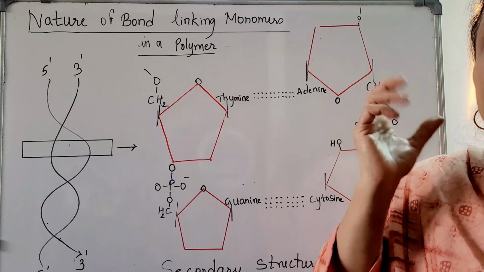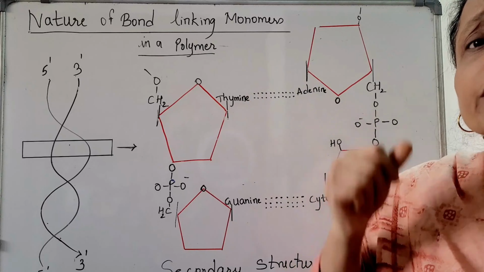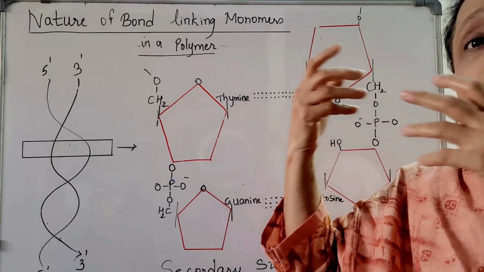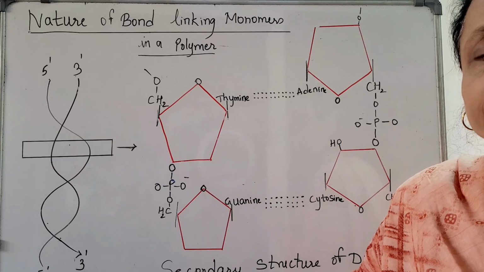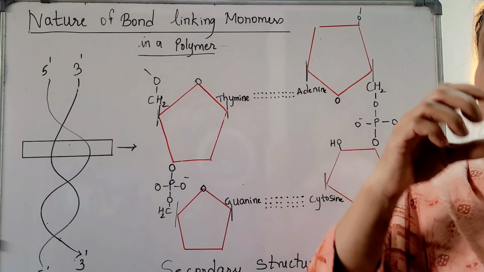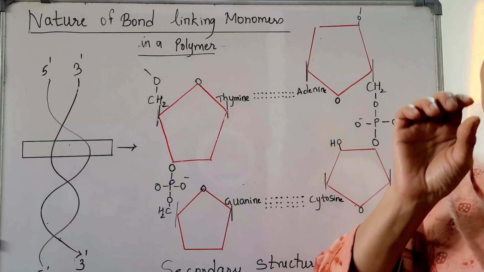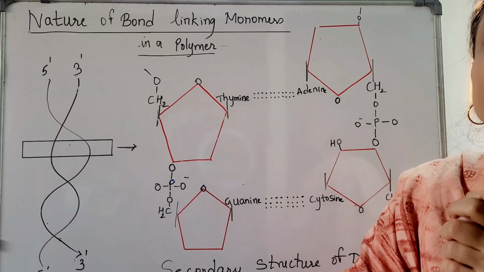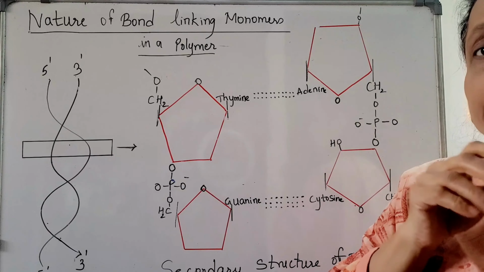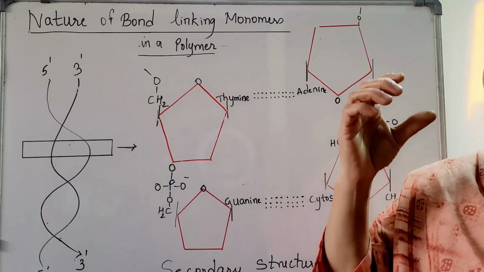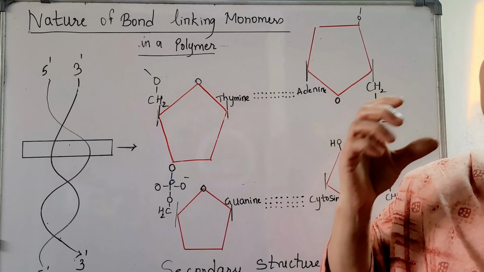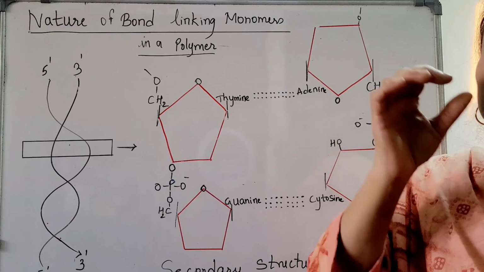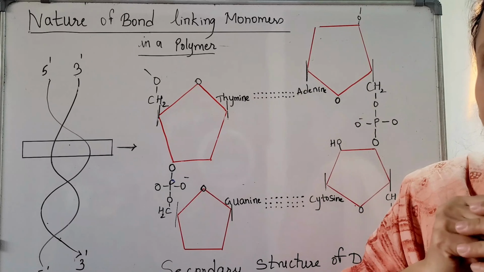Now, glucose forms glycogen, a polymer. From monosaccharide they become polysaccharide. So one glucose gets attached to another glucose and forms the polymer. In the process, the carbon and carbon of glucose bond together and a water molecule comes out.